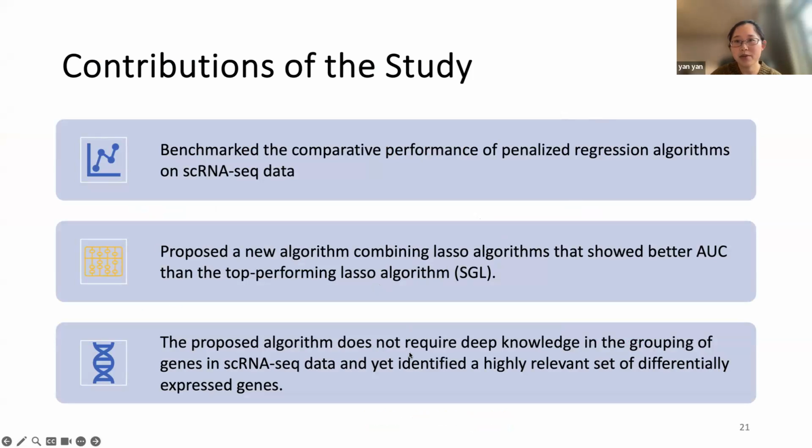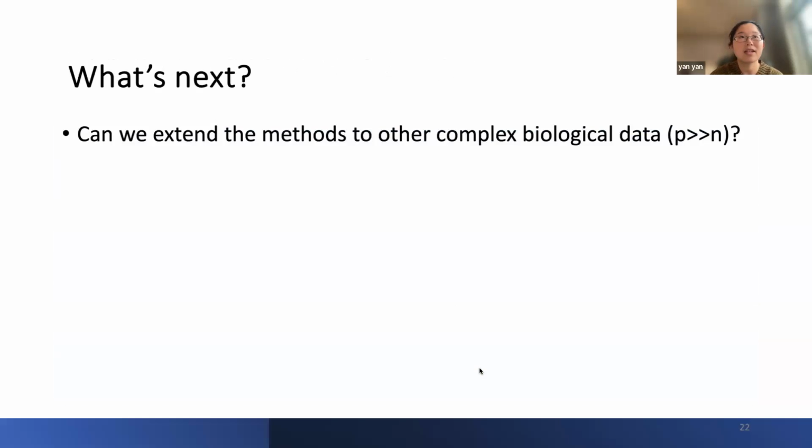And this proposed algorithm also does not require deep knowledge in the grouping of genes, for those group lasso and sparse group lasso. And we also could identify some relevant genes that could distinguish the two types of cells and some potential candidates for further validation. So that's about this one.